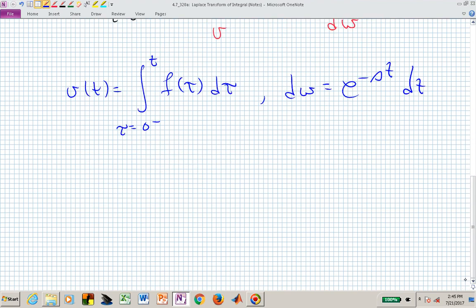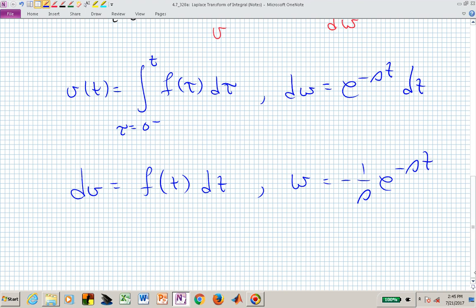And we can find dv by differentiating this integral with respect to t, which is evaluating the integrand at the upper limit, f of t, times dt. And what is w? If we integrate dw with respect to t, e to the minus st, that's minus 1 over s e to the minus st.